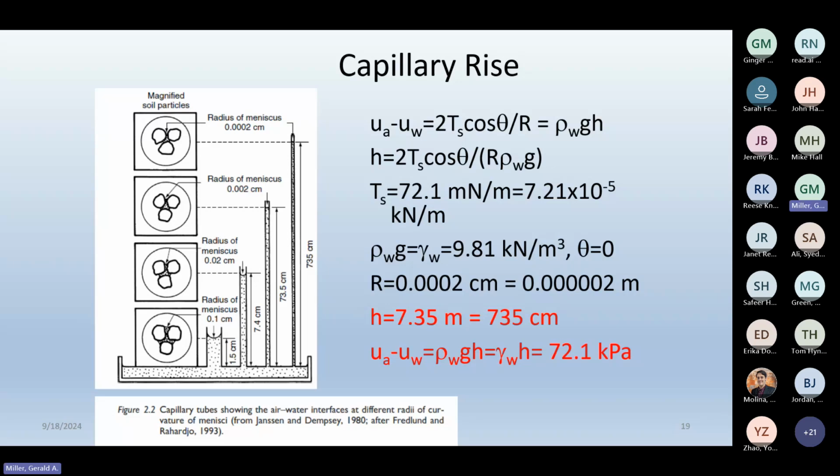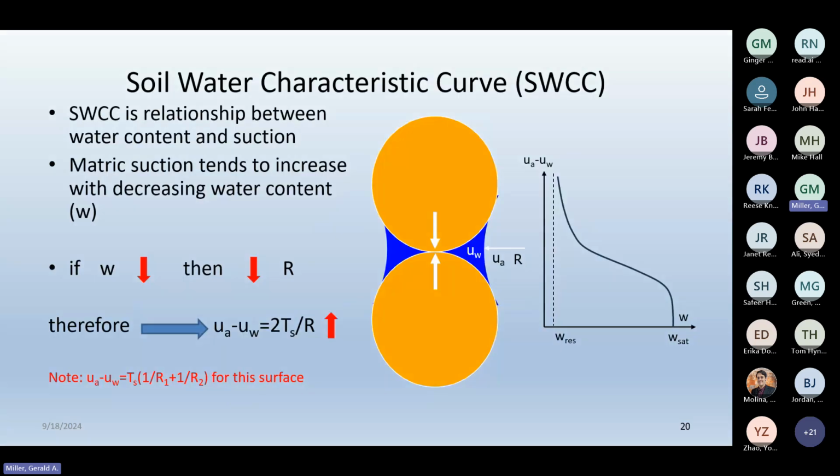Next thing we're going to talk about is the concept of the soil water characteristic curve. So as we just discussed, as the radius of curvature of our capillary meniscus decreases, the suction goes up.